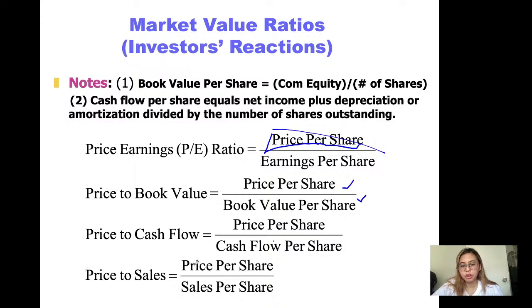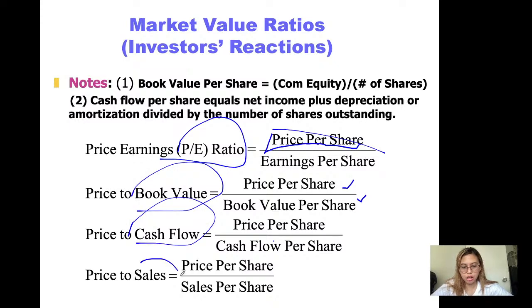So, what I know and the strategy I know is that itong price is always on the nasa taas, and then yung specific na i-divide nyo dun sa price per share is nandito naman sa kanyang tawag. Yan, book value, cash flow, and sales.